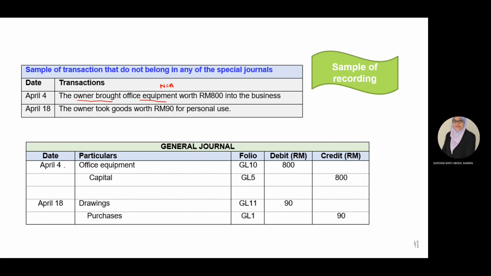So record the date, record the amounts to be debited and credited. Since the owner brought the office equipment, there will be an increase in the asset. So debit office equipment, and there will be an increase in the owner's equity. Therefore, credit capital. So this is for the debit side and this is for the credit side. Okay, since office equipment is a new account in the general ledger, you use the new code GL10. Capital is already open.